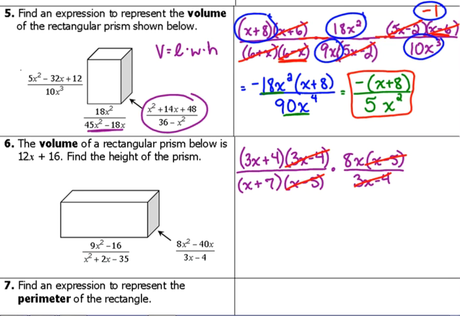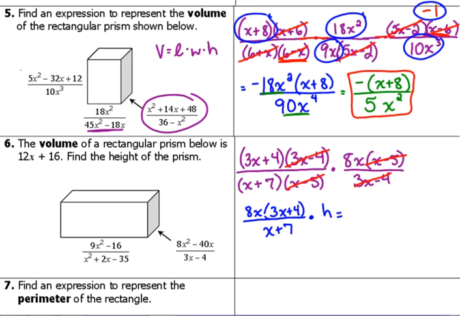So what we have right now is 8x times 3x plus 4 over x plus 7. And if we multiply that by our, let's see here, we're missing the height.